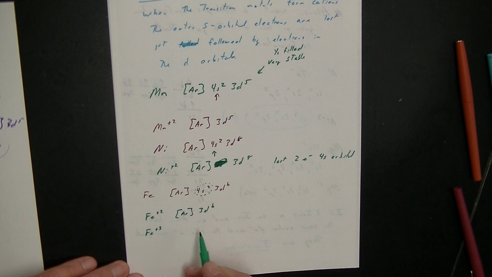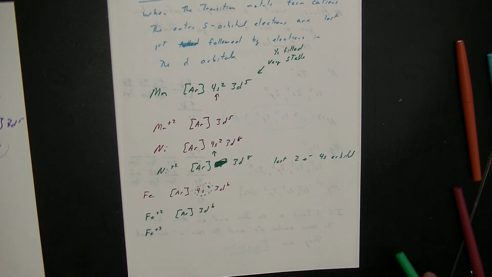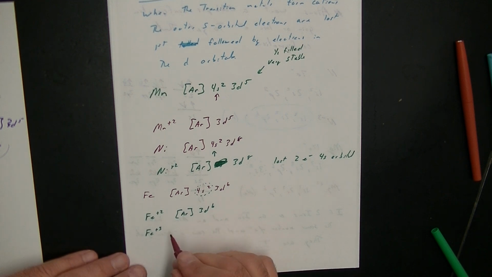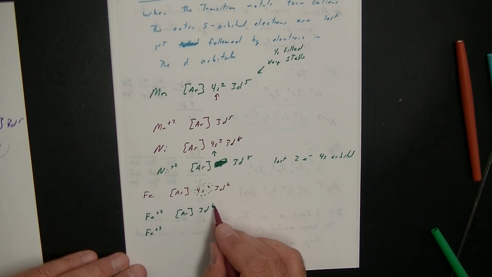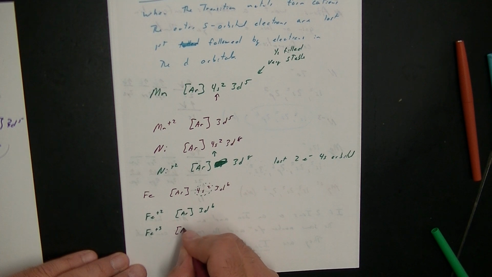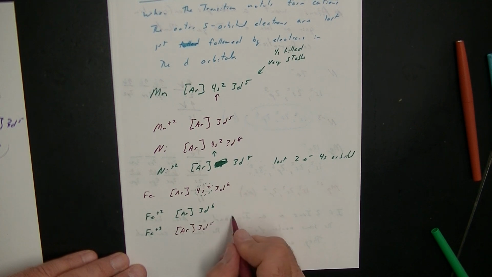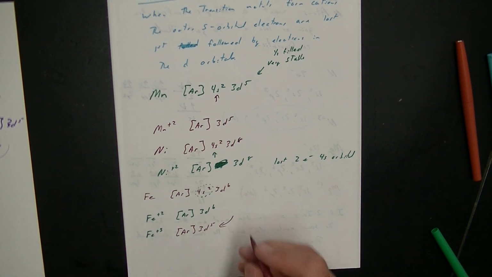And iron does that a lot. But it also forms Fe+3. Why does it want to form Fe+3? Well, when it loses that third electron, where does it come from? It comes from this d orbital, and we end up with Ar 3d5. Why does it like this?